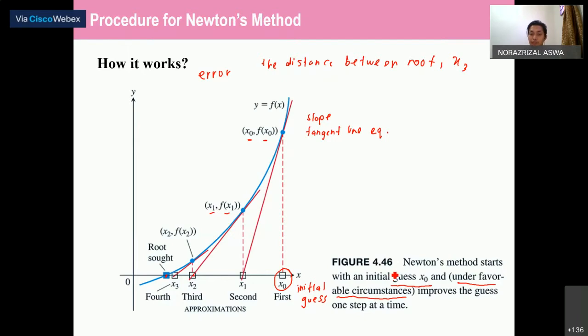So again, we are human. We see the word guess here. Guess is something performed by humans, our judgment. When we talk about human judgment, it is prone to error, right? So you need to make the right guess in order to find the right root, to approximate the root.